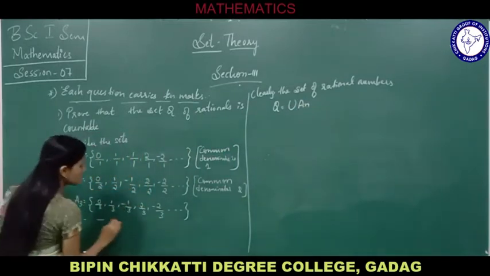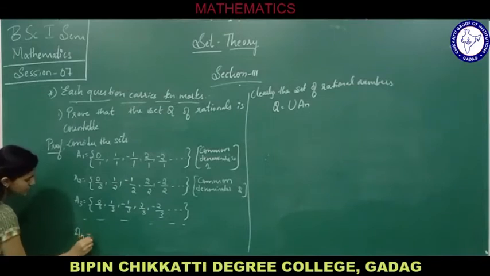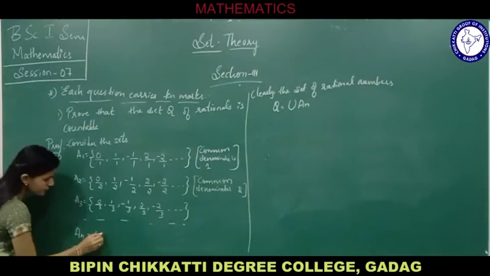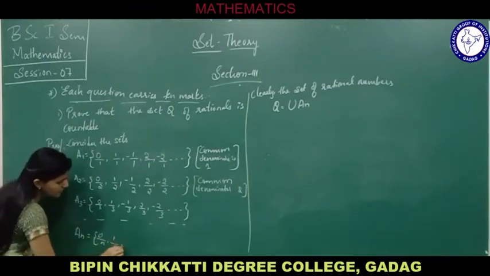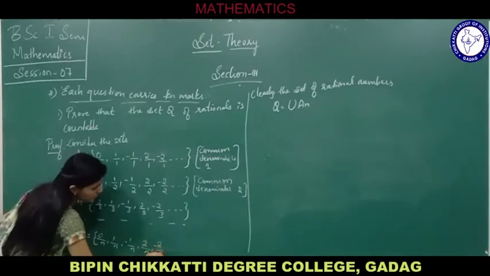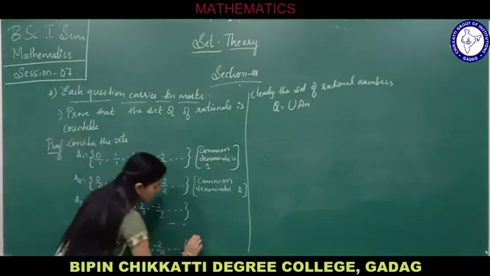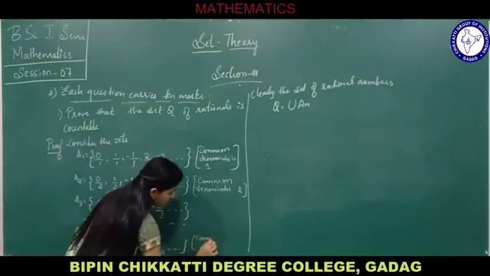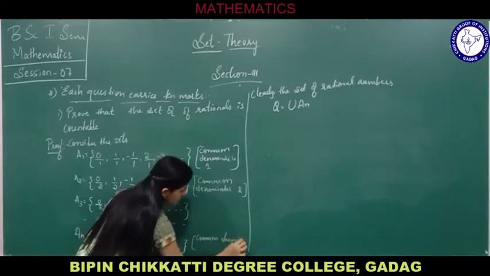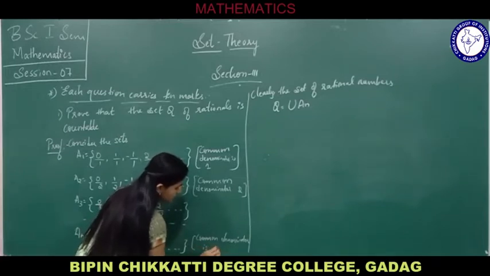How? Just go on considering like this. Many sets we are going to get, An in such a way that it is going to be 0/n, 1/n, minus 1/n, 2/n, minus 2/n, and so on. Here what is the common denominator? The common denominator is n.